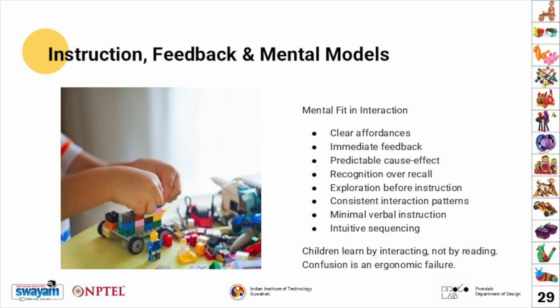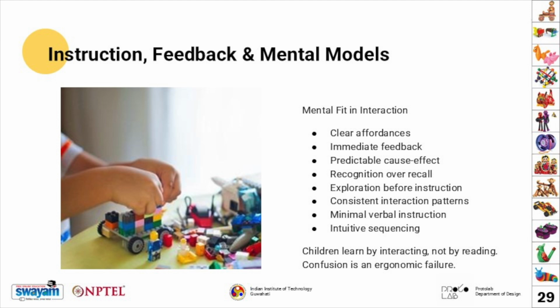Research shows that reducing voice response delay by 30% significantly improves operational fluency in smart toys. Children also seem to perform better when they recognize what to do rather than recall what they were told.